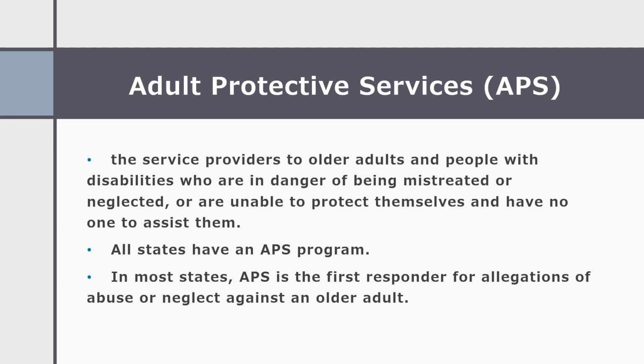They are tasked with making sure that older adults who come to their attention are not victims of abuse, but they deal with adults, and adults have free will and rights. They can tell APS to go away, and unless there is something explicit like present danger, APS has to go away in a lot of instances.